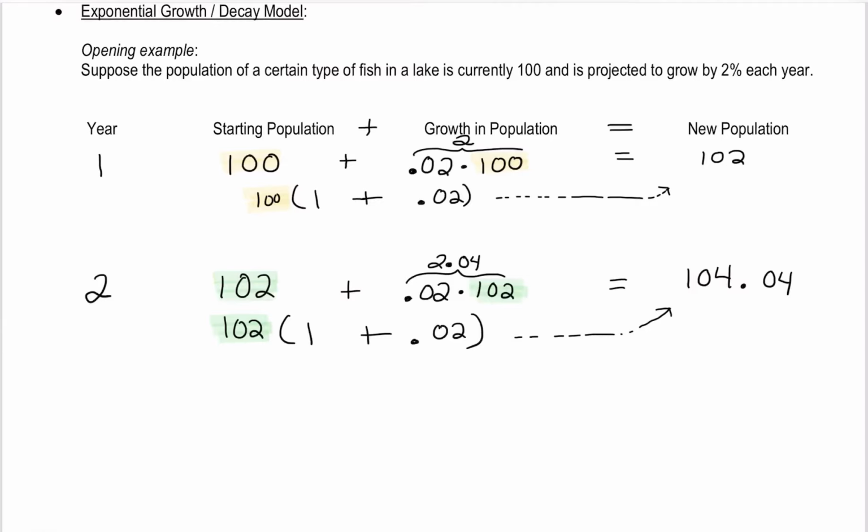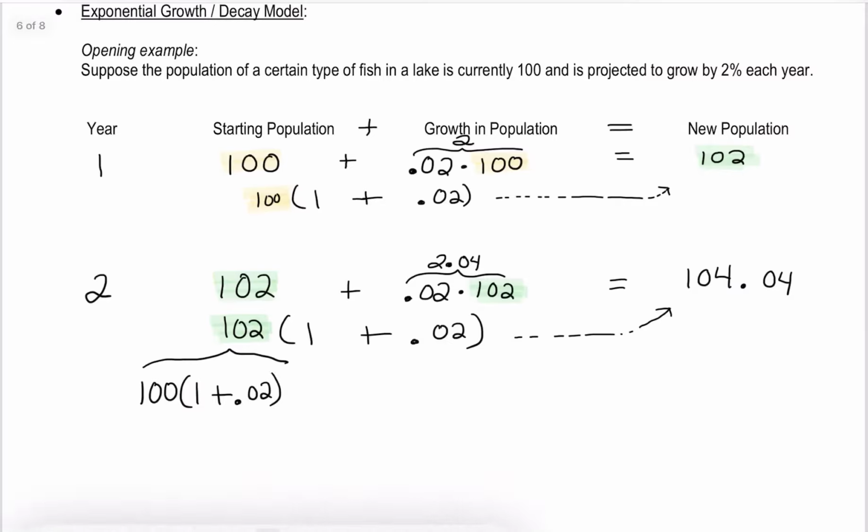Now, the 102 though, let's think about that. This 102 was the new population up here at the end of the first step. How did we compute 102? That 102 came from that 100 times 1 plus 0.02.